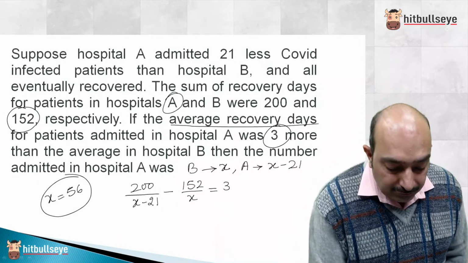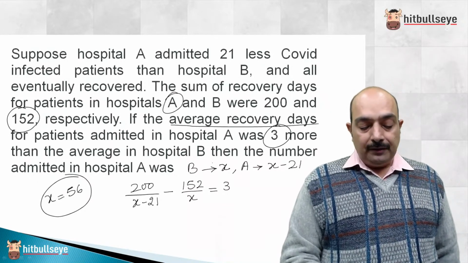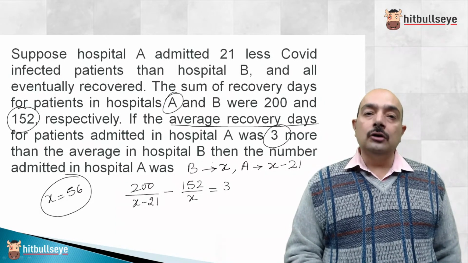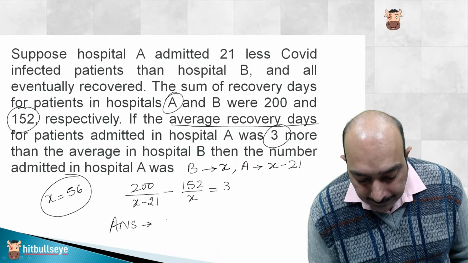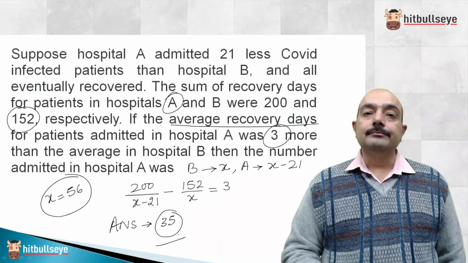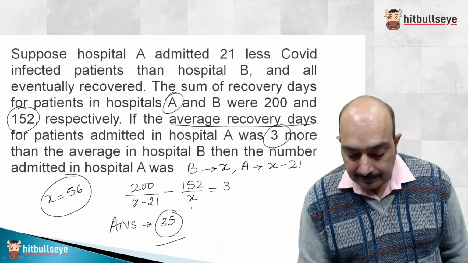So X is 56, but hold on. The question is asking for the number of patients admitted in hospital A. So make sure the answer is not 56. The answer of this question has to be 35. How come? Please subtract 21 from 56.